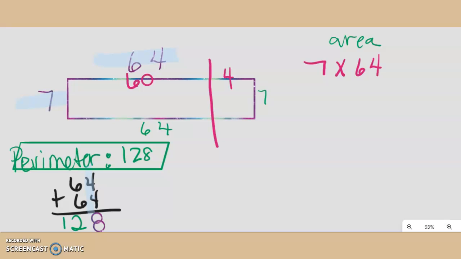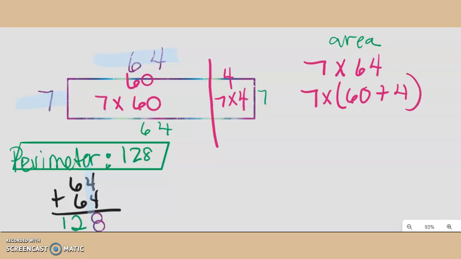So this equation is going to be 7 times 60 plus 4, because we're using the distributive property. Now I'm going to distribute 7 to the 60 and 7 to the 4. So now I have 7 times 60 and 7 times 4.